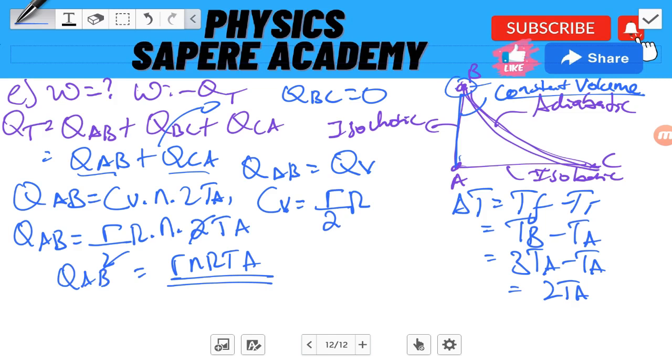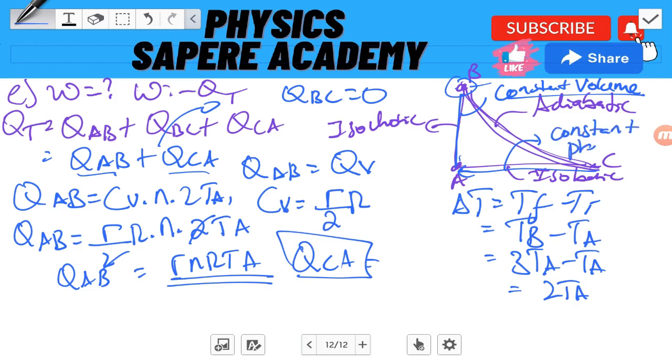The next value is simply what is the Q at CA. Now Q at CA is from C to A, it's an isobaric process. So the amount of heat that enters is going to enter at constant pressure. So this equals QP.